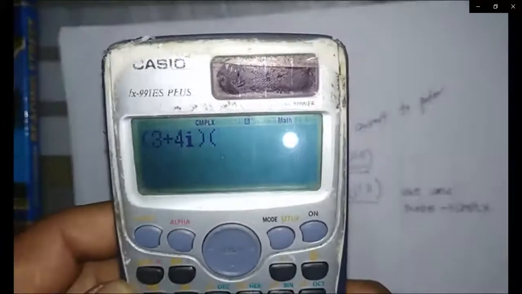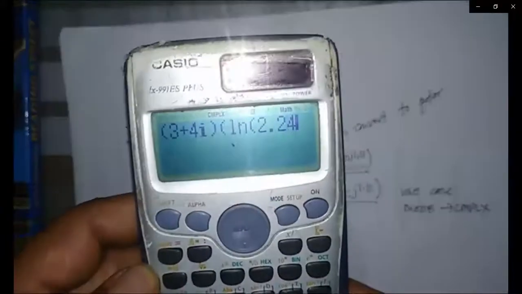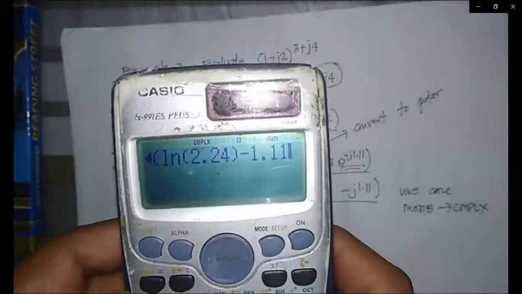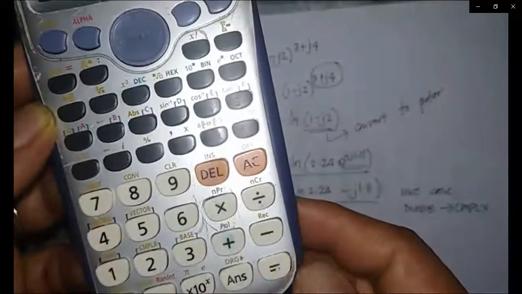Multiply by ln of 2.24 minus j, or 1.11 times i. Press equal sign, and you have now the value.